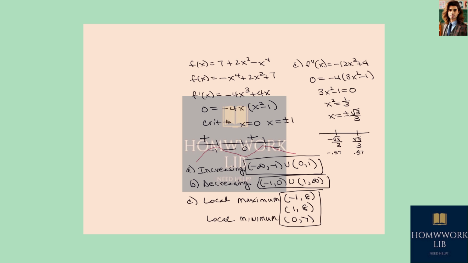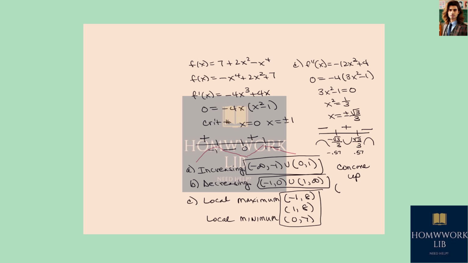If I put in something smaller than negative 0.57, I get out a negative. 0 gives me a positive. Then I have a negative. Down, up, down.